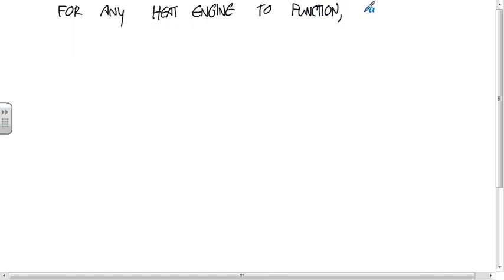And so mostly what we're going to talk about is ways to calculate and discuss the efficiency of heat engines. For any heat engine to function, you need a difference in temperature between the boiler and the condenser.